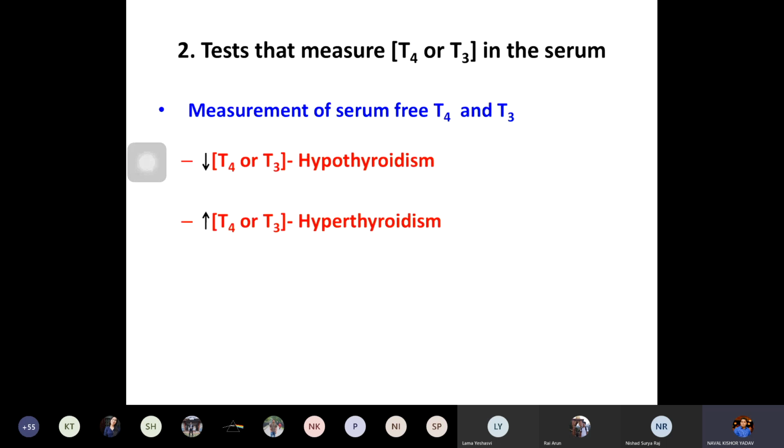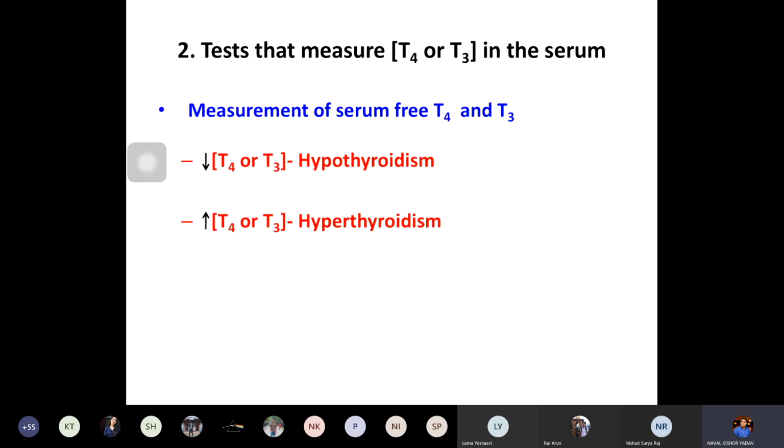If there is an increase or decrease in the thyroxine binding globulins, which bind around 70% of the thyroid hormones, that influences the level of total T3 and T4. So it's better to measure free T3 and T4, which is not influenced by the thyroxine binding globulins.